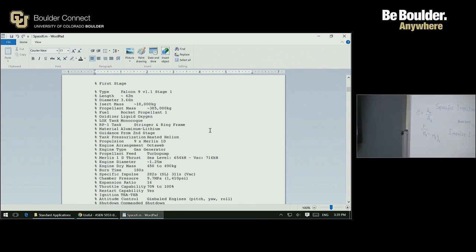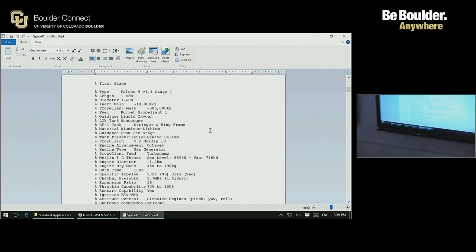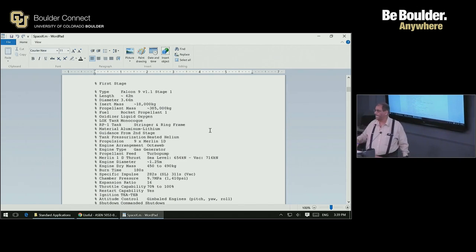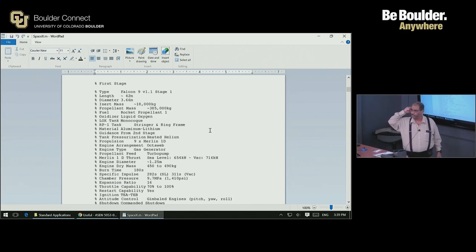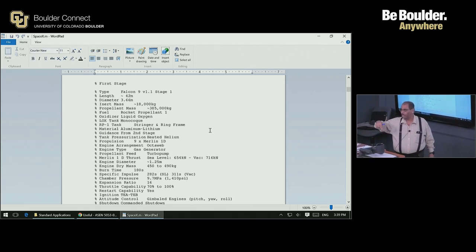Okay, the expansion ratio is 10, 12 for engines that operate in the atmosphere. For vacuum engines, it can be as high as 300. Okay, so when you look at the vacuum engine and the one that operates through the atmosphere, you will see the expansion ratios change quite a bit.